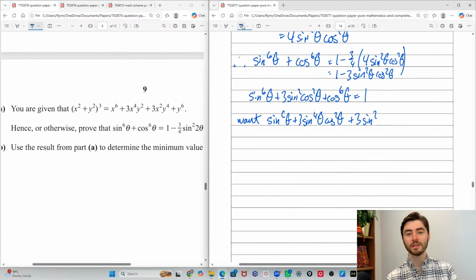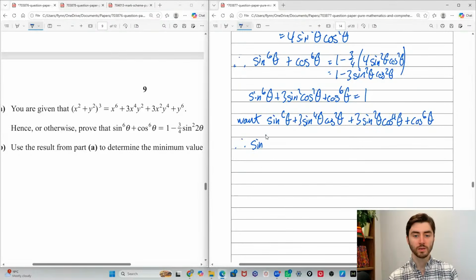So this step is insane, which is why I want to show you not just what to do, but how I'm getting there mentally. This is what I want. This is not what I have. This is close to what I have, but I can get there by introducing new sine squareds and cos squareds. So I'm going to do something utterly insane.